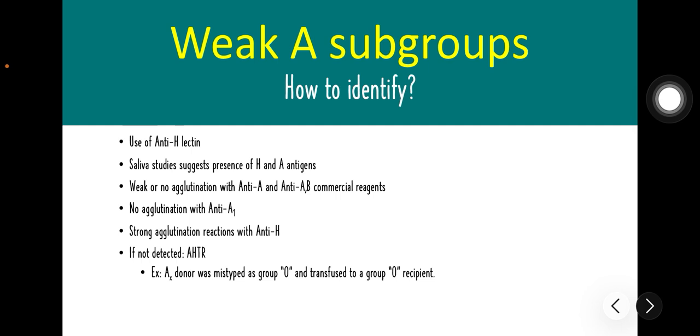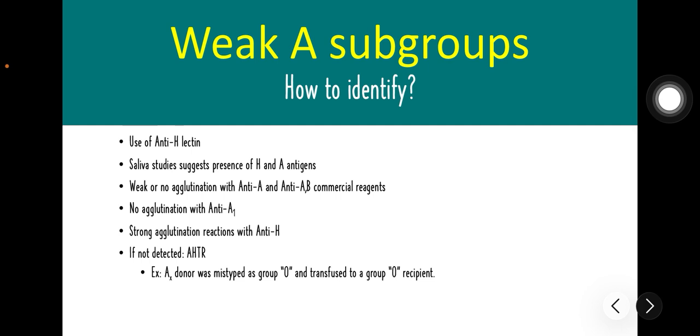After that, the antibody is chemically or physically removed, which is the process of elution, and then you test it. If the eluate reacts with the group A reagent cells, it proves the A antigen was present on the original cells.